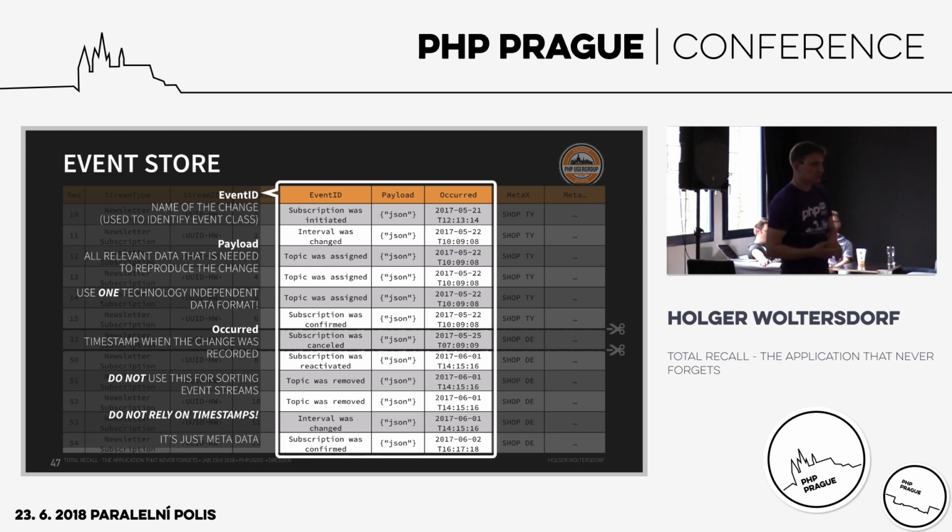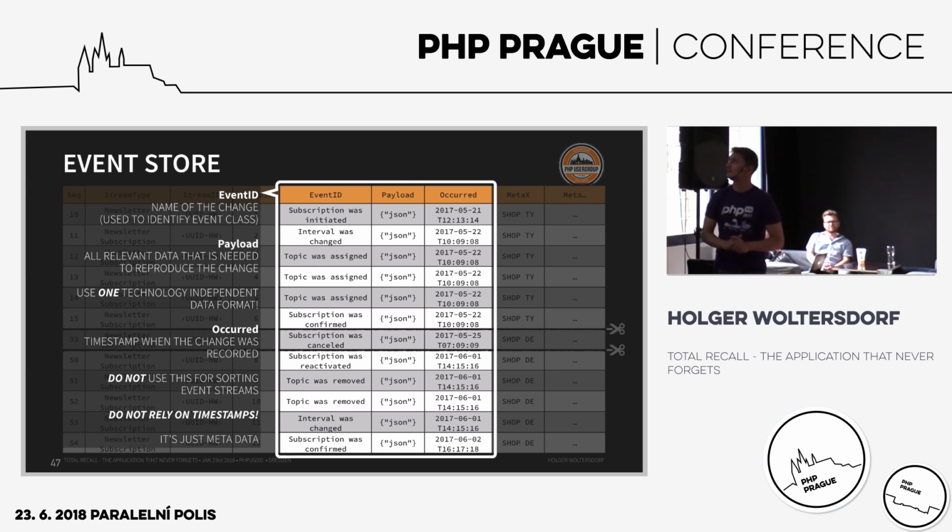And that should contain everything you need to restore your change, or to replay your change. You should choose a format for the payload that is technically independent, so something like JSON or XML, whatever. But don't use serialized classes, please, because then you get a problem.